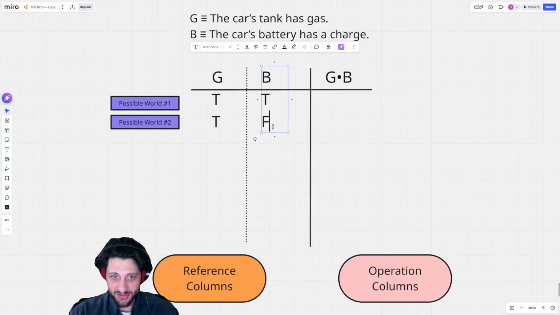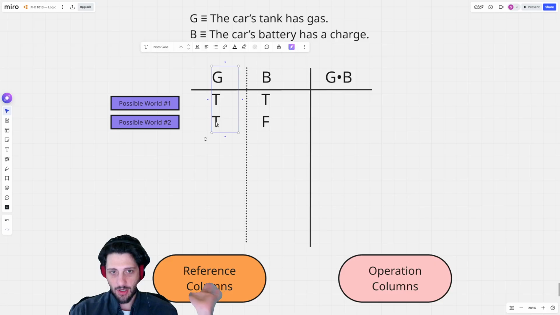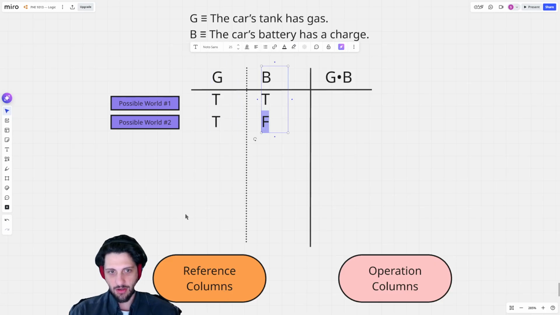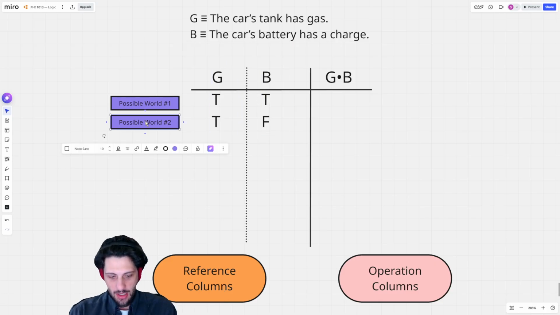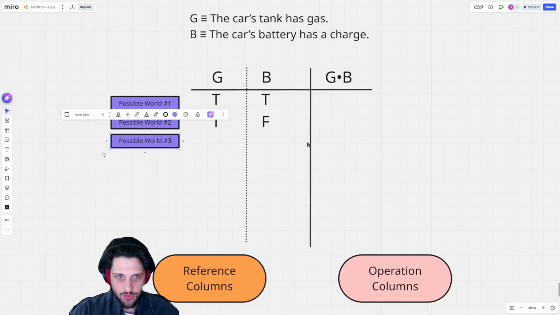While it's false to say the battery has a charge. So in possible world number 2, that's the situation where yeah, we have gas, but no, we don't have a battery charge. Okay, and now spoiler, we're going to have 2 more possible worlds.